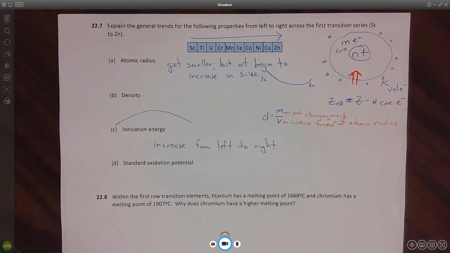I'm sorry, I can't hear you. The electrons are more attracted to the nucleus. I think you're right. Can you explain that a little bit more? Why are they more drawn to the nucleus? Because the atomic radius is getting smaller. Okay, I would agree. There's a second reason, more important than that.